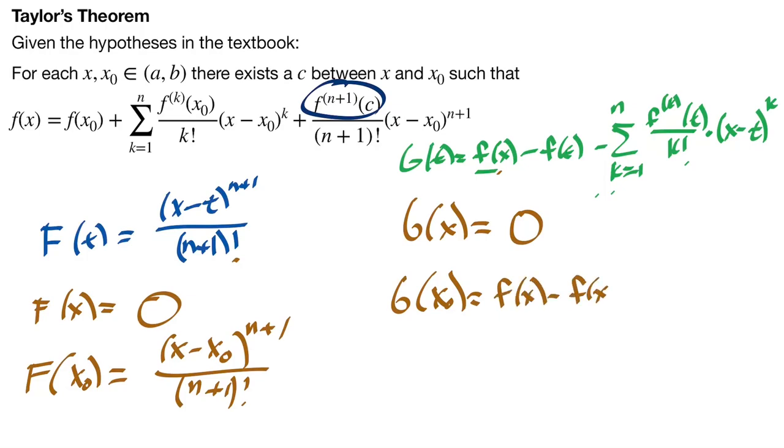Well, g of x naught is f of x minus f of x naught minus the sum as k goes from 1 to n of the kth derivative of f at x naught divided by k factorial times x minus x naught to the k.